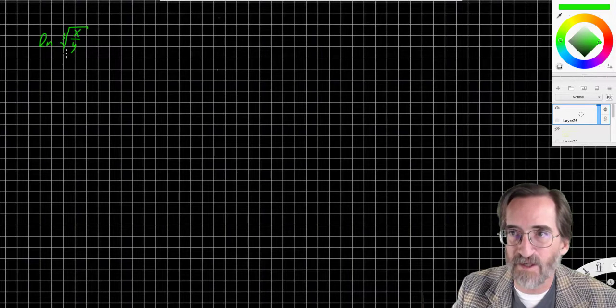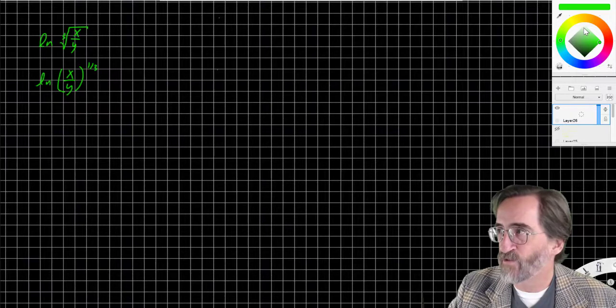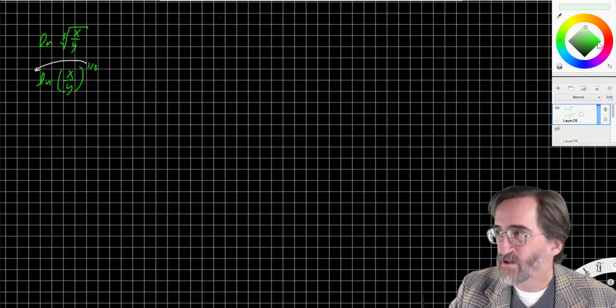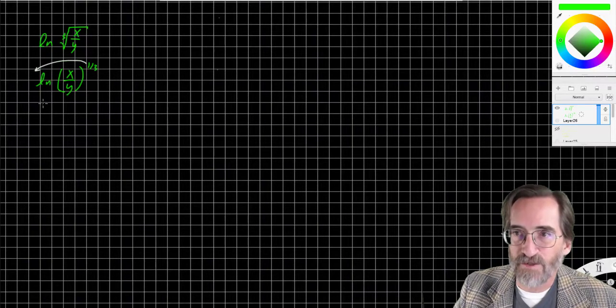The cube root of x over y is x over y to the 1/3. That's a fractional exponent. So I'm going to use the power rule for logarithms. The log of a power is a power times a log. So this is 1/3 ln of x over y.